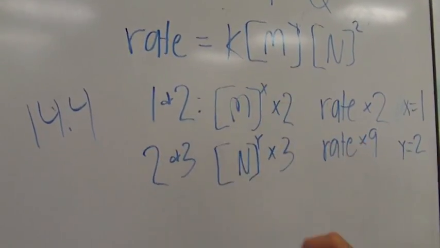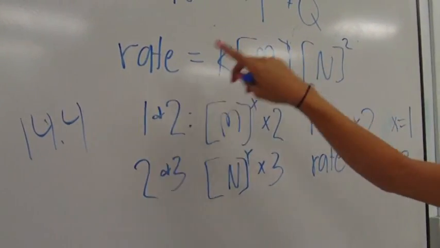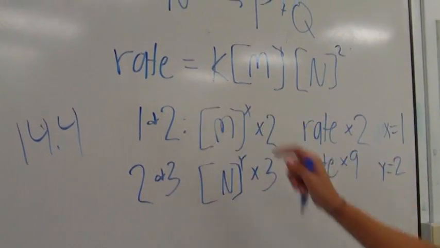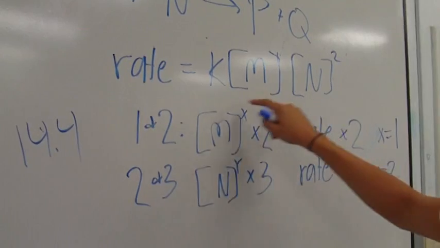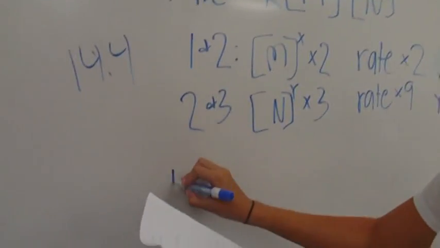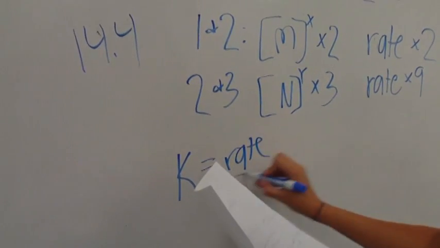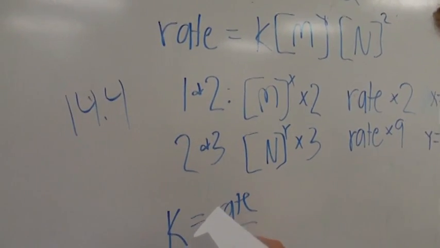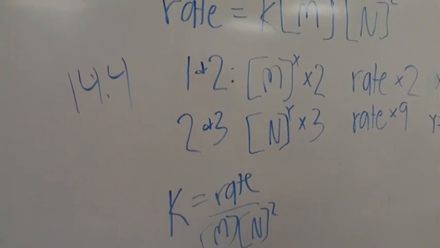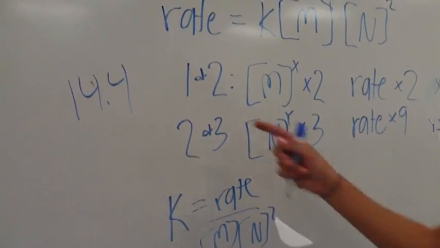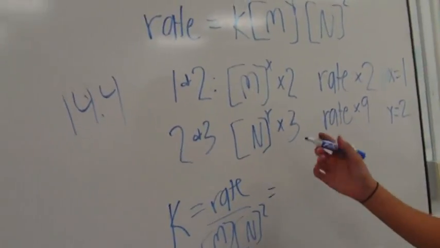The first thing I'm going to do, before I plug things in, is use algebra to manipulate this rate law so that it's already equal to k. When you divide the rate by both the concentrations, you get k isolated by itself. So k is going to be equal to rate over concentration of M times concentration of N squared. I'm going to use the concentrations from step 1 in the table, and the rate from that too.